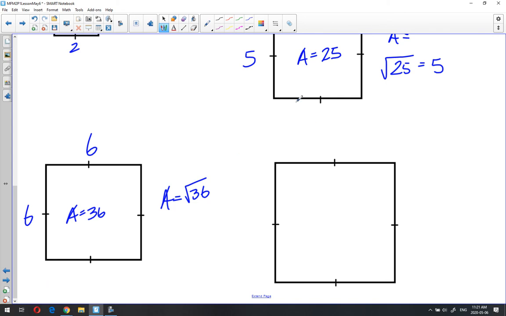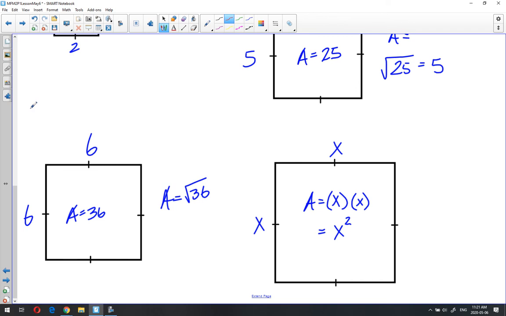Now if we were to extend it to variables, suppose this side is x and this side is x as well, then the area, length times width, x multiplied by x, is x squared.